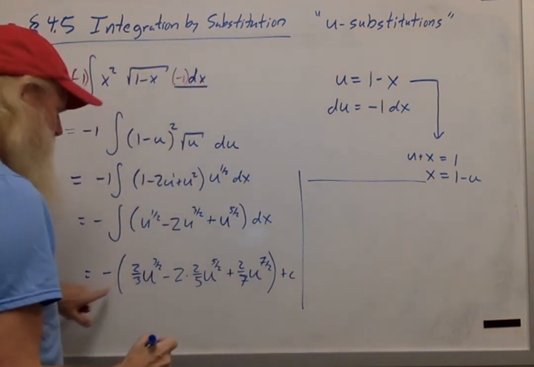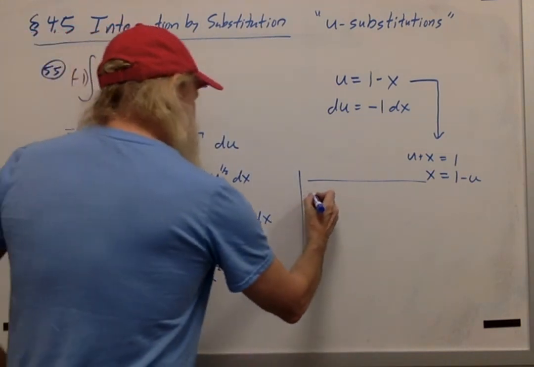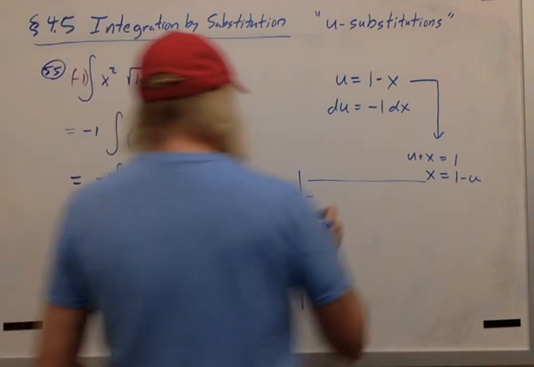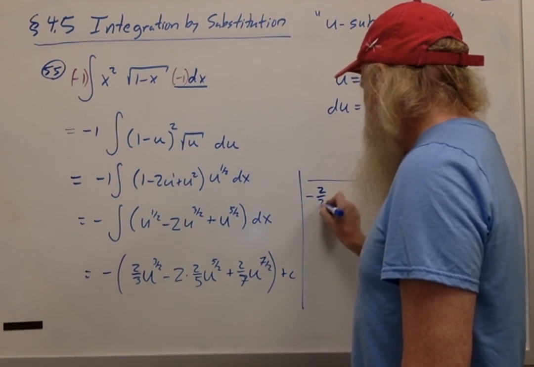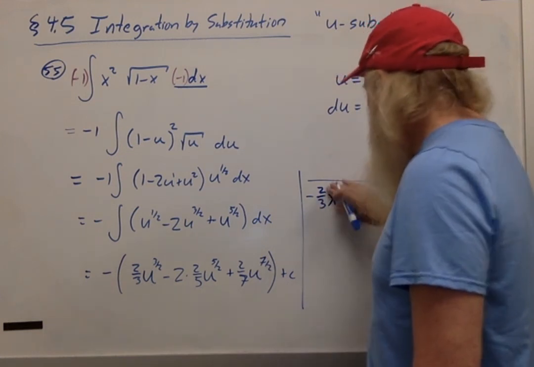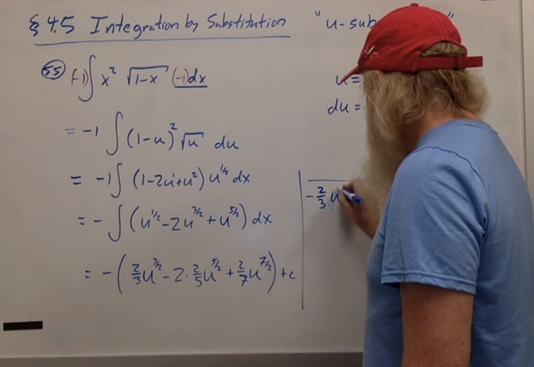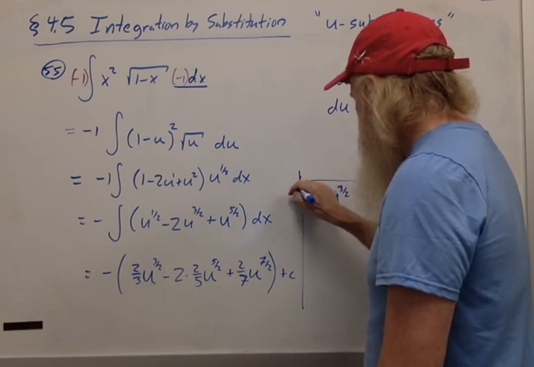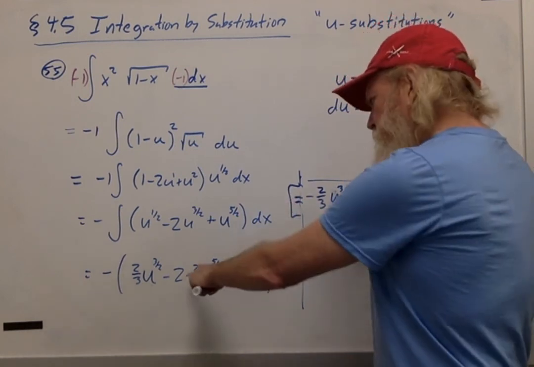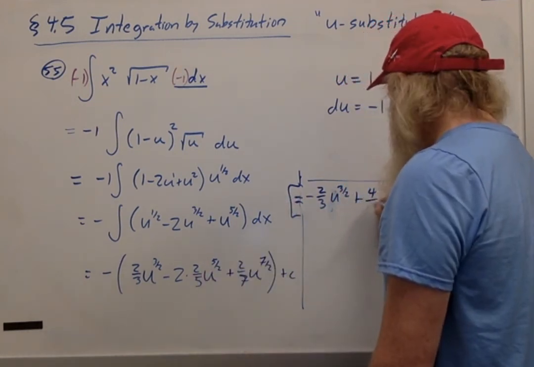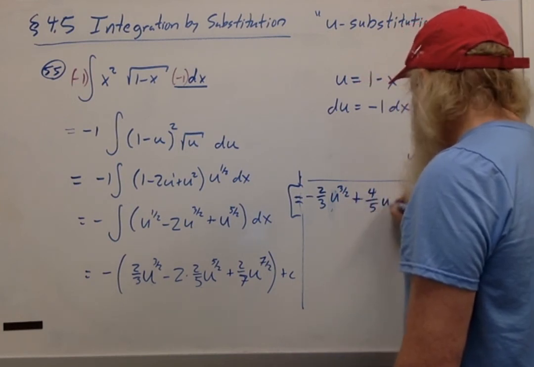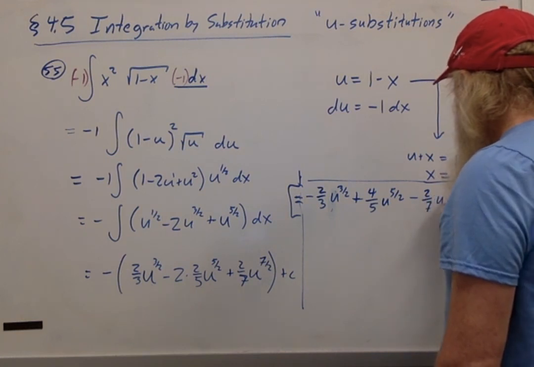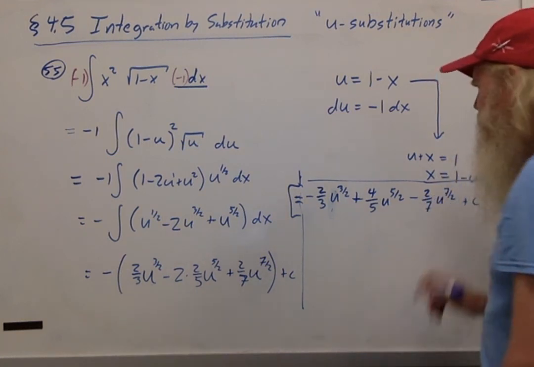And we're almost there. I'll just simplify the arithmetic a little bit and maybe go ahead and distribute this minus sign. So I have negative 2/3 u to the 3/2 plus 4/5 u to the 5/2 minus 2/7 u to the 7/2 plus c.